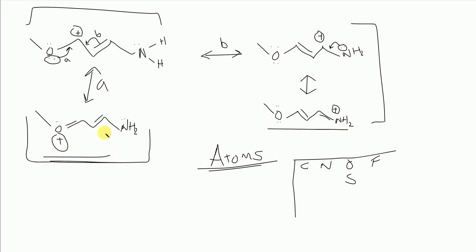Let's say right now I'm comparing these two forms of the molecule, and you always look at where the positive charge is. I know which one is going to be the major form by finding the resonance form that's the most stable, meaning where the charge is most stable as it's resonating across the molecule. There's always going to be a place where it's more stable unless it's completely the same everywhere.